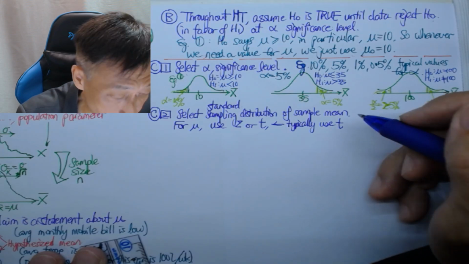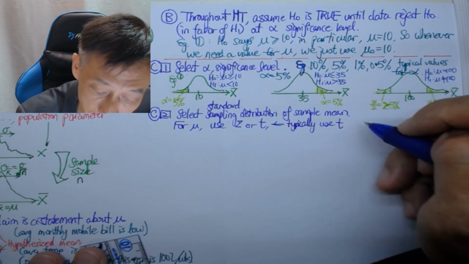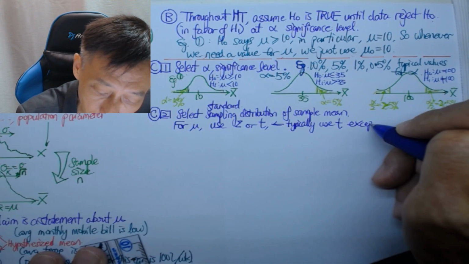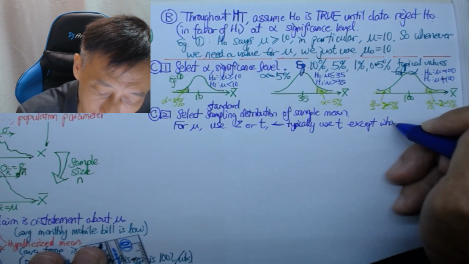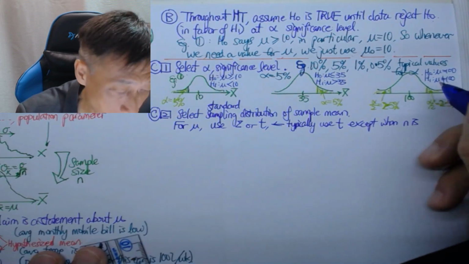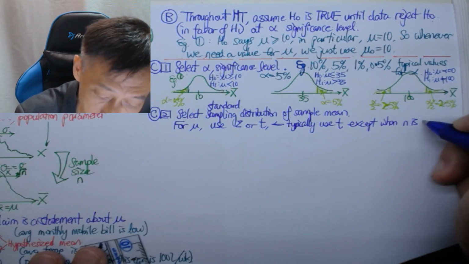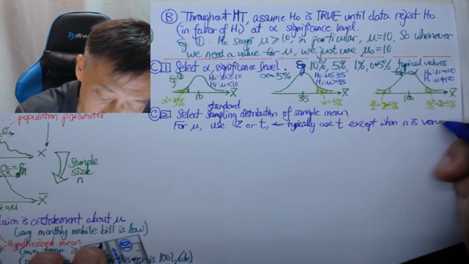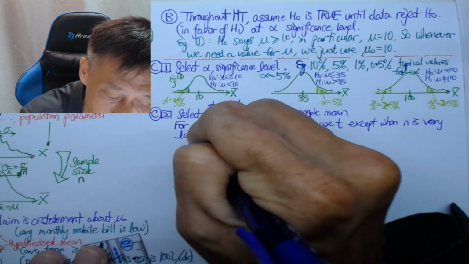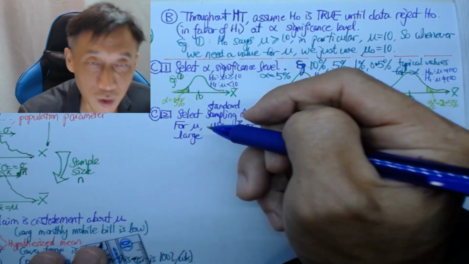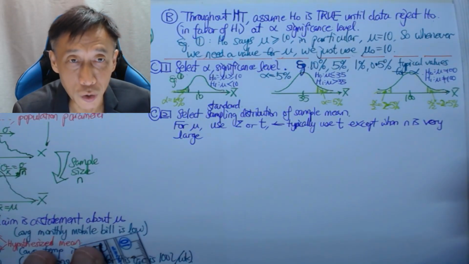Okay, except when n is very large. But then even when n is very large, degree of freedom will be very large too, right?